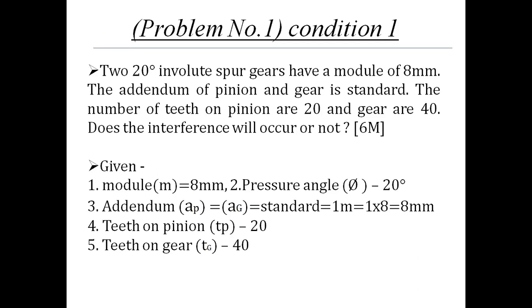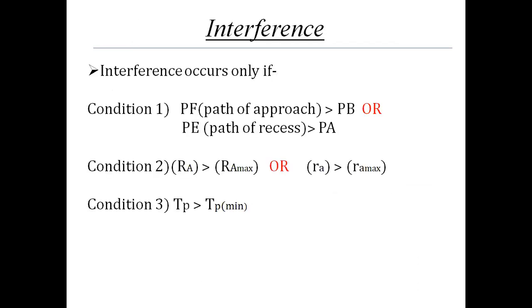In the examination, one problem on interference will compulsorily come. You have to give the decision whether interference will occur or not by satisfying these 3 conditions. You have to satisfy either condition number 1 or condition number 2 or condition number 3.